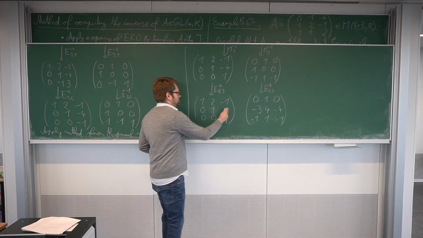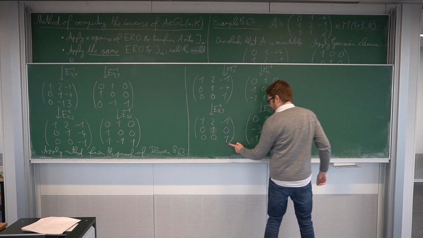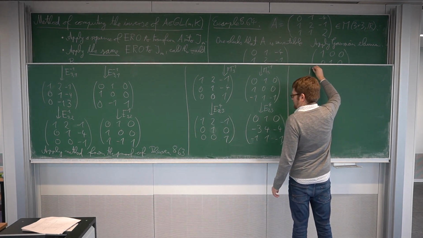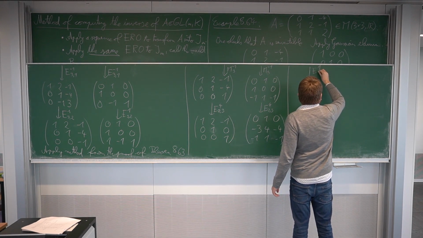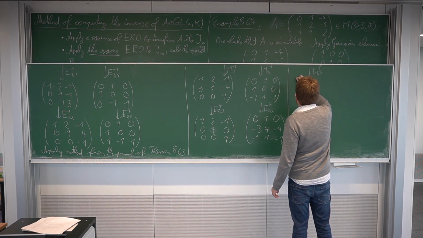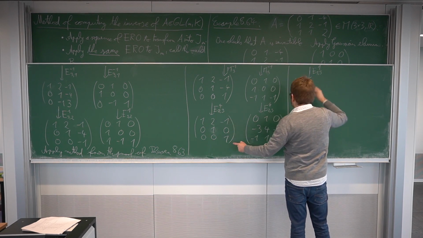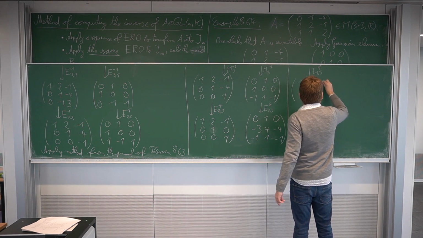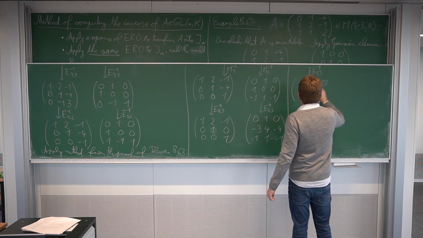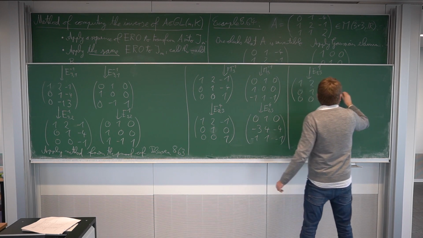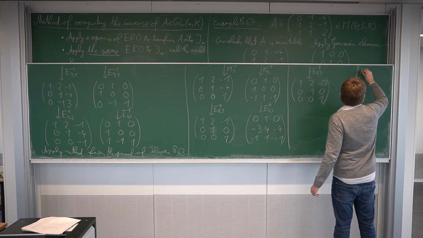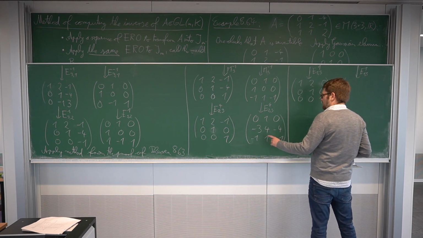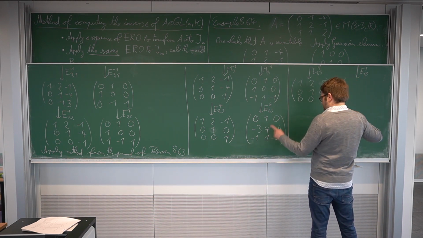So we need to kill this one, obviously, so we just need to add the third row to the first row, which would be E1, 1, 3, which would then kill this, which gives 1, 2, -1, 1, 2, 0, 0, 1, 0, 0, 0, 1. And on the other side, we get E1, 1, 3, which gives, this one to this.